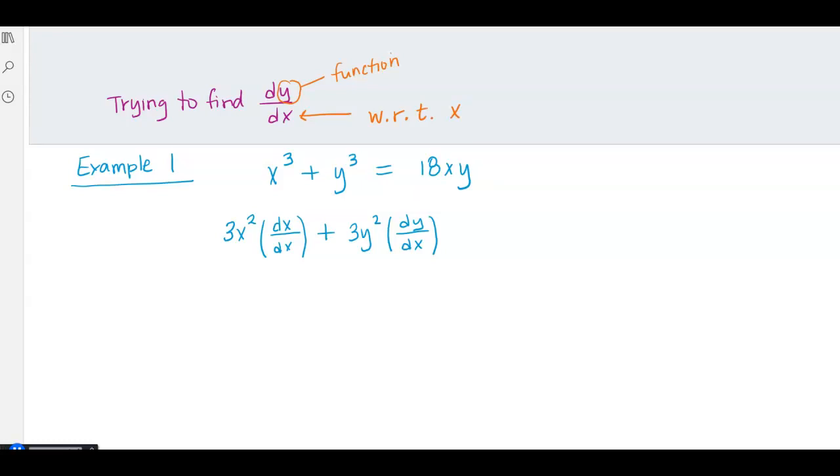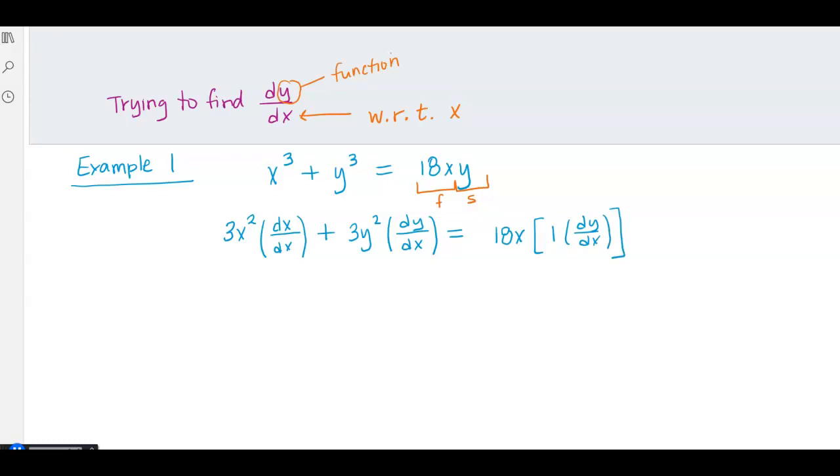When I look at the right side of this equation, I need to use the product rule. Let's consider this to be the first function, and then let's consider this to be the second function. So using the product rule, I'm going to take the first function and multiply it by the derivative of the second function. The derivative of y is 1 dy/dx.